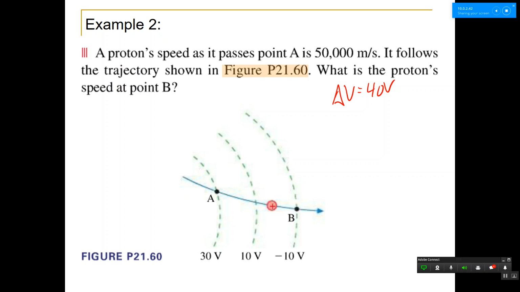Irrespective of what my initial velocity was, I can find the new velocity, because I just have to find the change in velocity added to my initial velocity, and I have my final velocity, okay? So if you know what to do, do it.